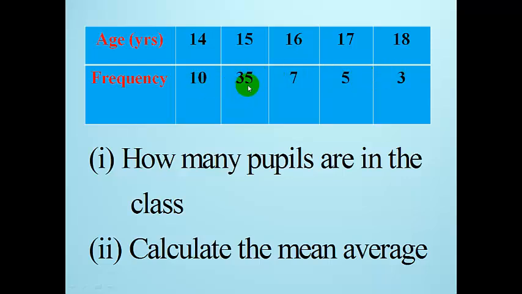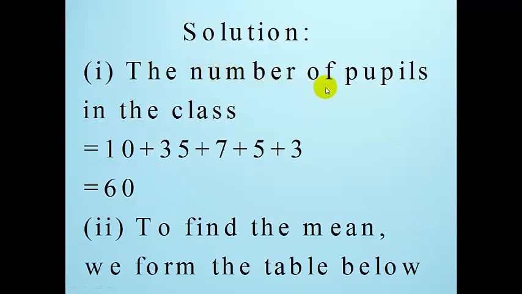That is 10 plus 35 plus 7 plus 5 plus 3, and that's equal to 60. That means the number of pupils in the class is 60.